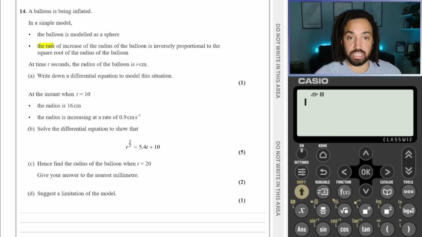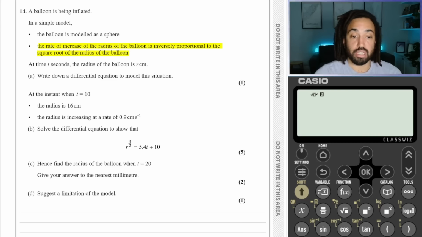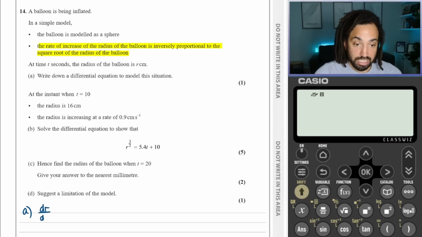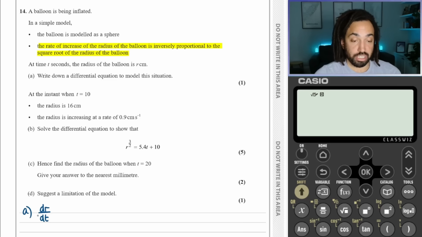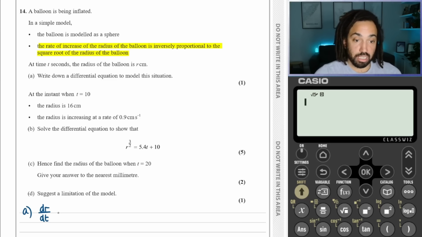But I think the key point here is that the rate of increase of radius is inversely proportional to the square root of the radius of the balloon. That's what we need to use. So the rate of increase of the radius means dr by dt, how the radius is changing with respect to time. And that's inversely proportional, so it's proportional to 1 over the square root of the radius.